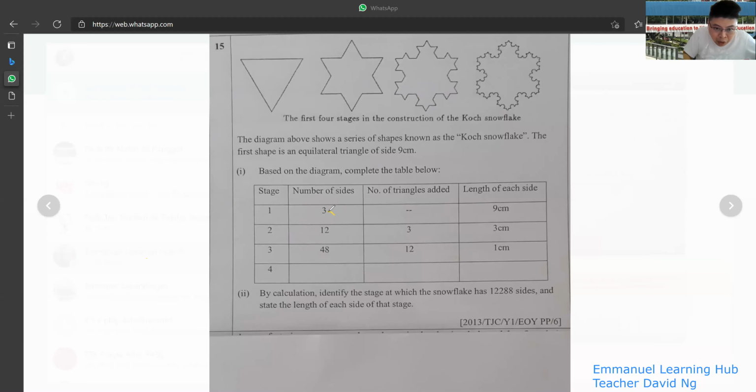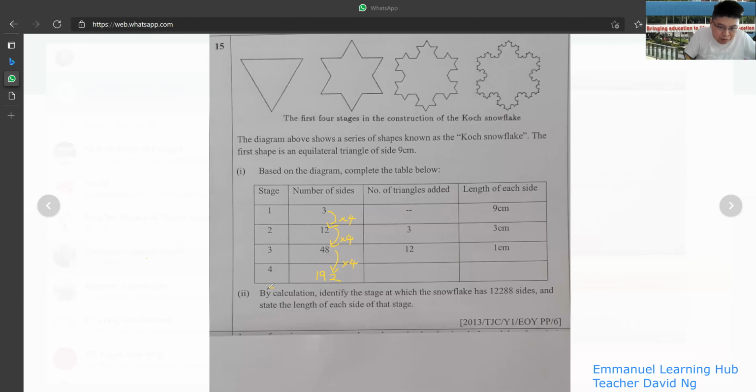So you have to look at the pattern here. The pattern here obviously is times 4. So 48 times 4 will give you 192.